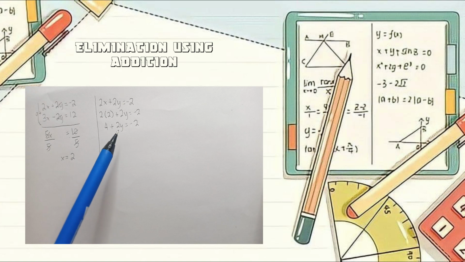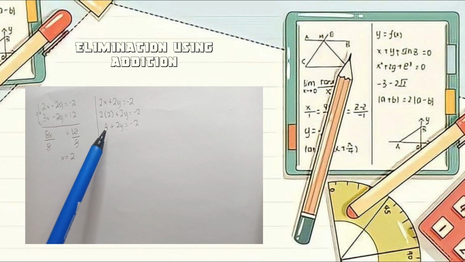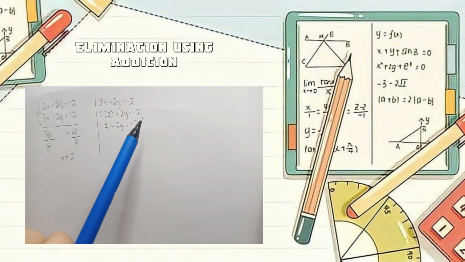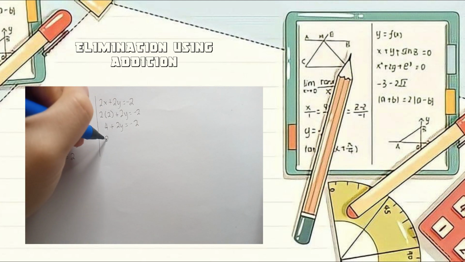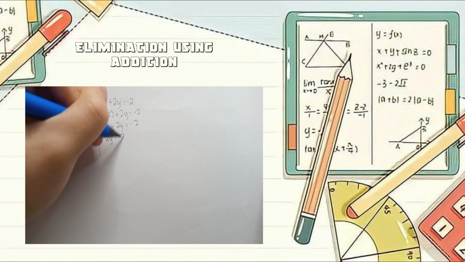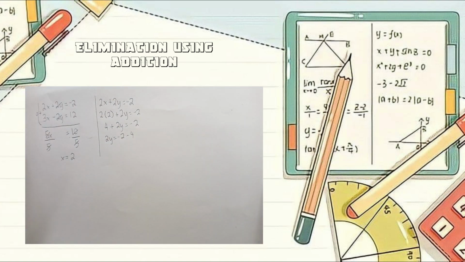We will isolate this, and therefore we will transpose the positive 4 to the right side. Therefore, we will have 2y is equal to negative 2 minus 4.